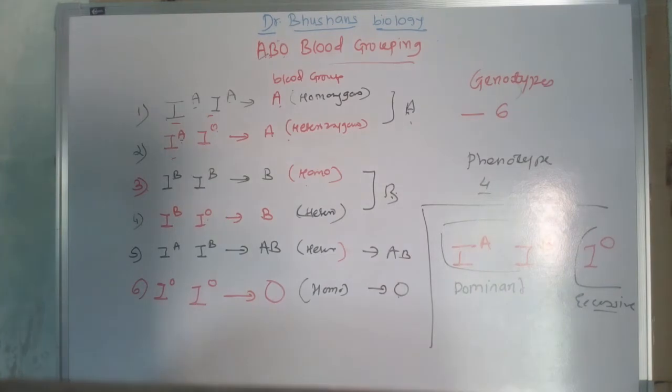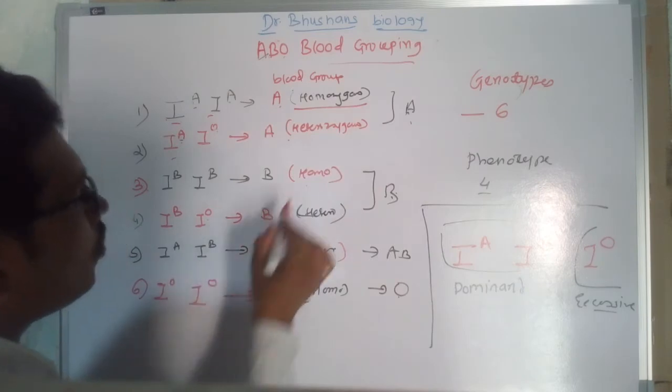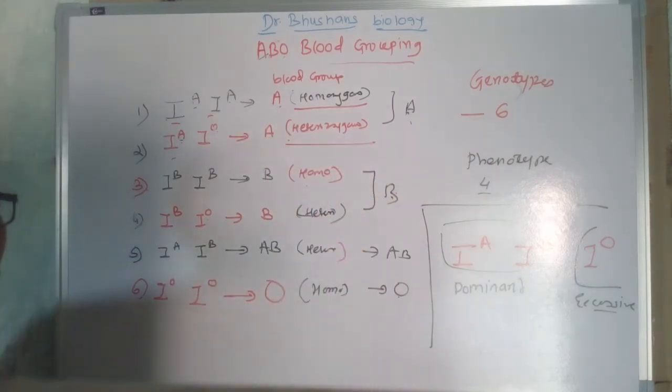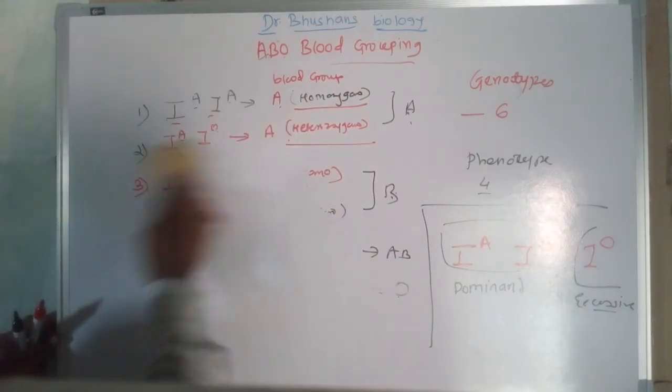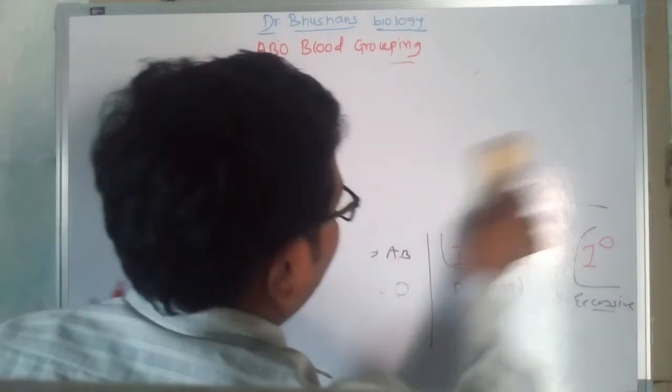Next, our question is, what are the possibilities of blood group in the progeny, or baby, when a parent is crossed with a homozygous or heterozygous blood group? This is our next question, so we'll solve those conditions also.